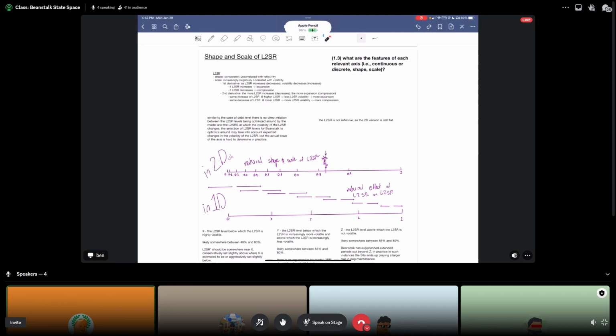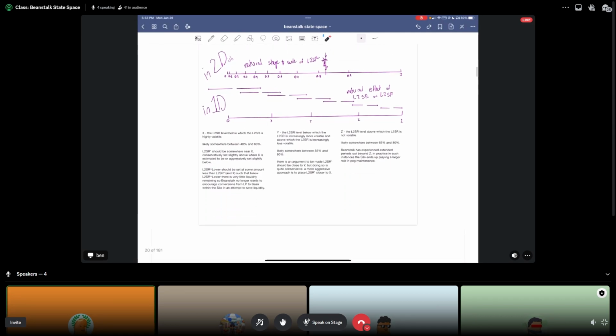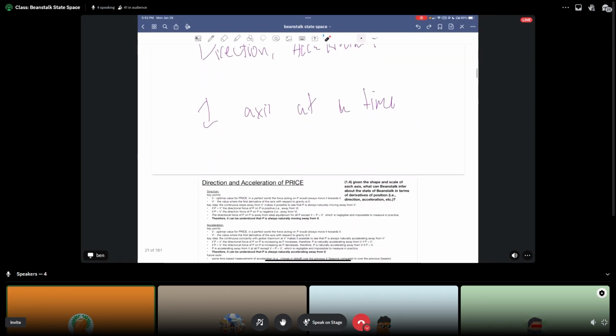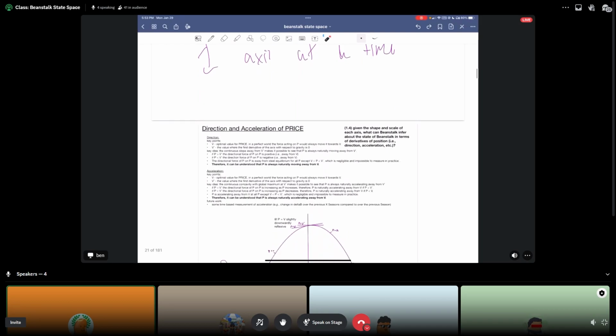You could argue that it should all be constant because a given change in liquidity changes the liquidity a fixed amount. But when it comes to the health of Beanstalk in particular, there's a lot more volatility between 0.1 and 0.12 and 0.15 versus 8.1 and 8.2 and 8.5. And it's also much harder for Beanstalk to go from 8 to 8.5, just in terms of it takes more force.